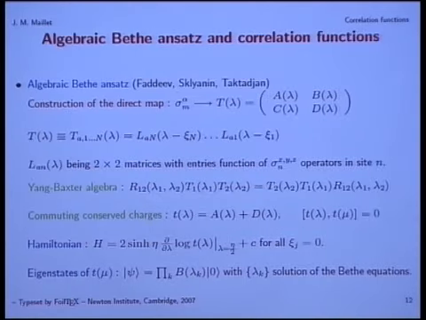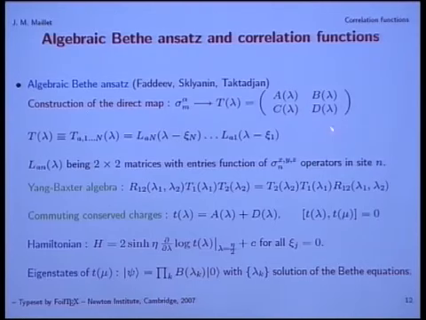Okay, so let me just give the basics of algebraic Bethe ansatz. That is a basic tool that we needed to compute correlation functions. Algebraic Bethe ansatz, which is now quite old, was invented by Faddeev, Sklyanin and Takhtajan, and essentially you can view it as the construction of a highly non-trivial map from your local spin operators to highly non-local operators, which are in T of lambda, the so-called quantum monodromy matrix.